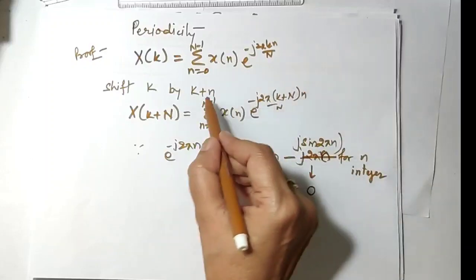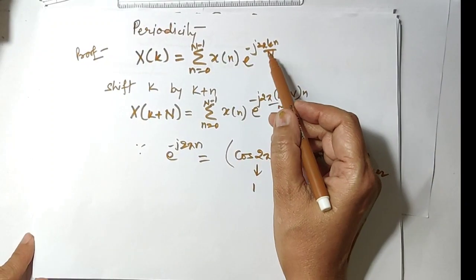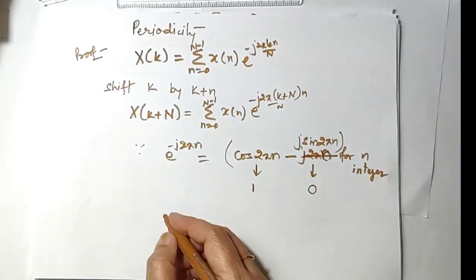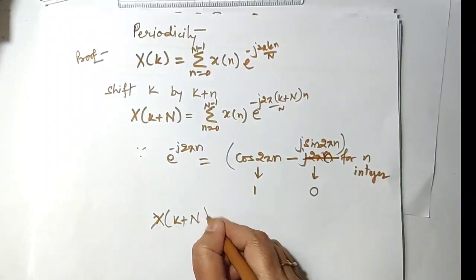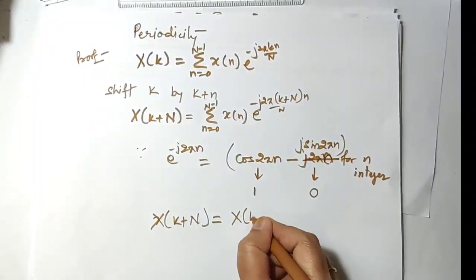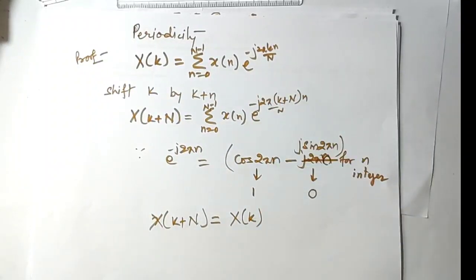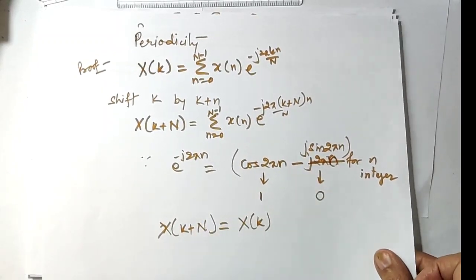Substituting these values in the equation, we get the two terms of e, and finally X(k plus N) will be X(k), because this term will be removed and only the X(k) equation will remain. So it is very easy to prove; you can do it by yourself. Only this point is noticeable.